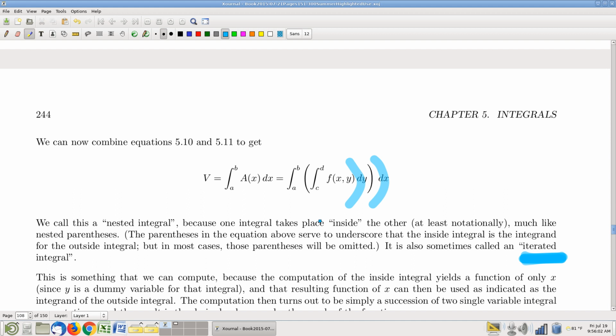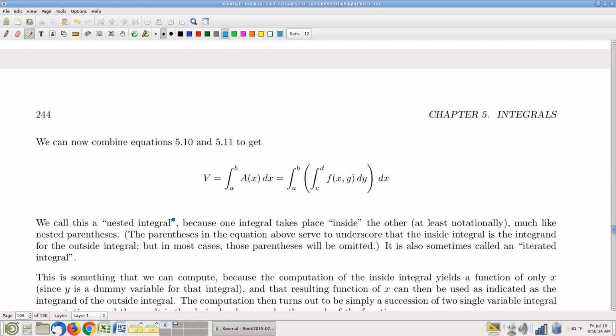So, anyway, trying to popularize a term, nested integrals. I think that makes more sense because, kind of like Russian nesting dolls, there's an integral inside of an integral. I think that makes a lot of sense. We'll see if it catches on. I'm not optimistic at this point, but anyway, I use both terms. In this class, I'm going to say nested integrals, but again, the more common term is iterated integral.